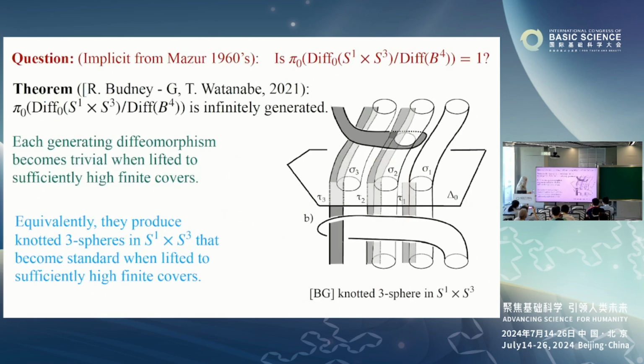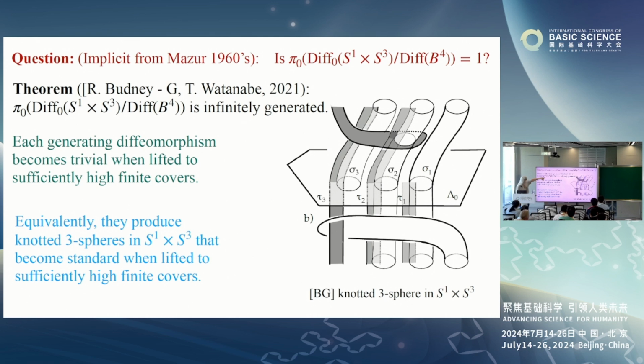So here's this one more thing I need to mention, which is implicit from Barry Mazur's great work, but also connecting spheres with F. Implicit is the group Diff of S1 cross S3 modulo Diff of the ball. Maybe there's only one element.